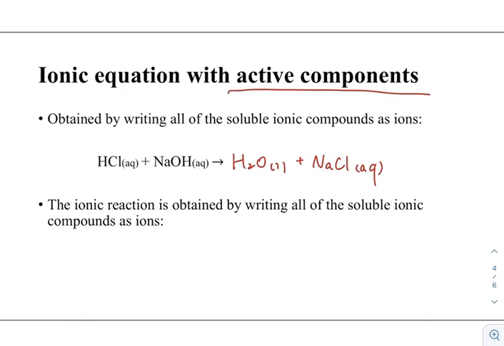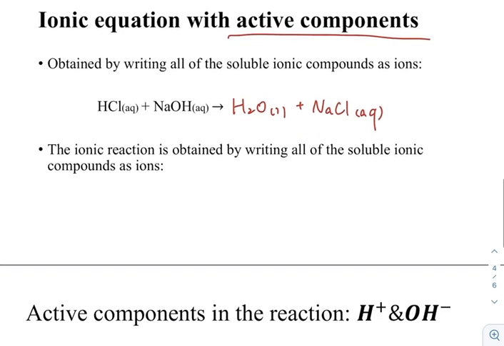So if we write the ionic equation, which is obtained by writing all of the soluble ionic compounds as ions for this reaction, the hydrochloric acid will be in the form of hydrogen cations, right? And its chlorine anions.